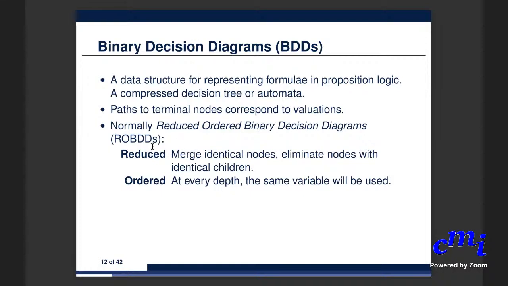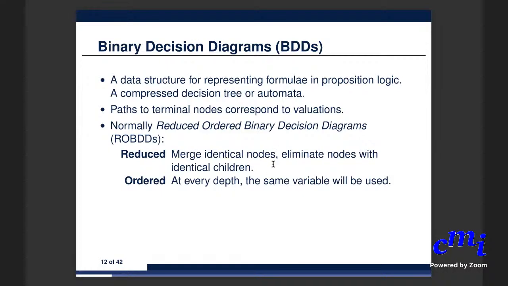There is a restriction that in every path leading from the root to a leaf, the variables have to appear in a fixed order. And it has to be in a merged fashion, a graph rather than a tree.